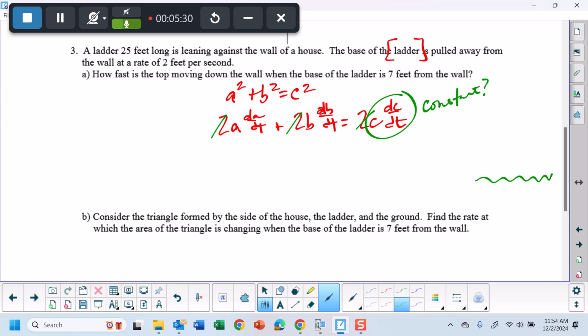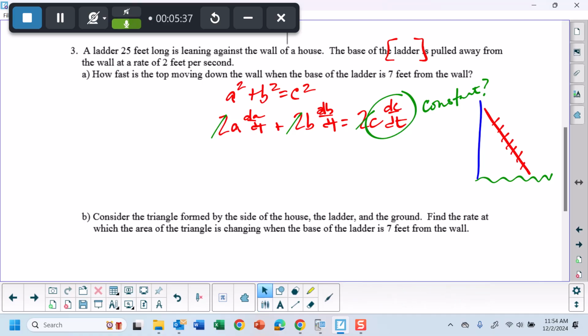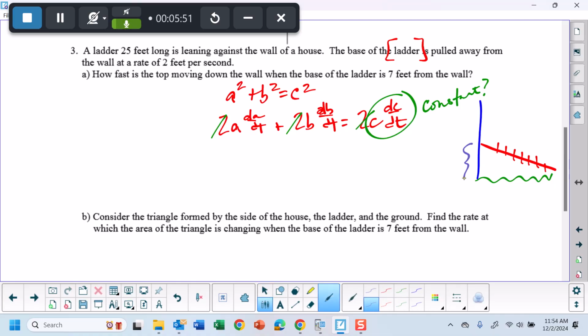So if I have grass and a house and a ladder, as this ladder is sliding away on down, there's going to be a moment in time where this height has a value. And a lot of times when we figure that out, we need to freeze that video and go get that value using our original equation here.